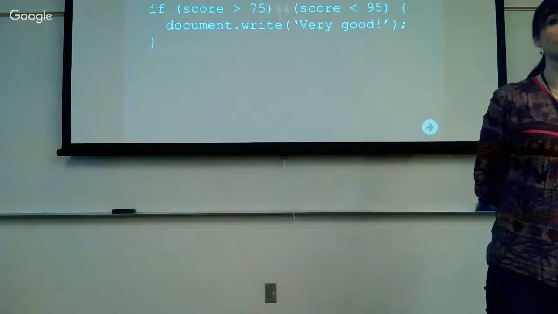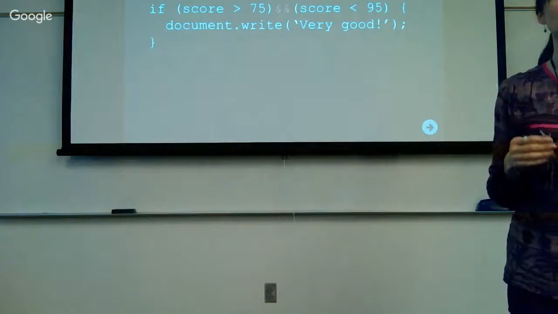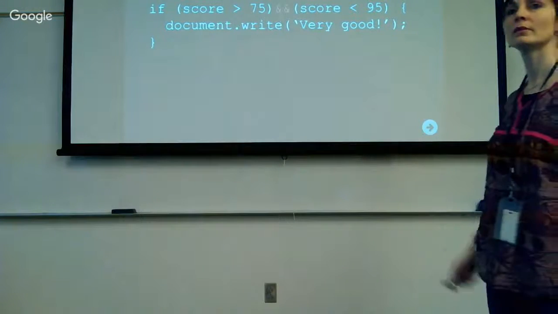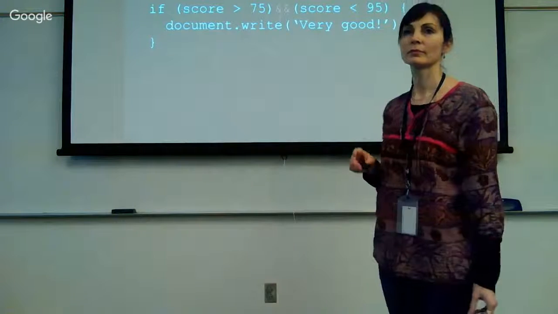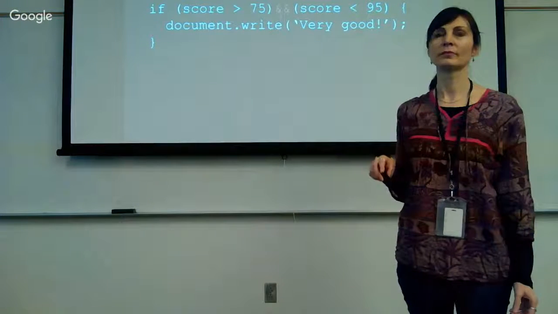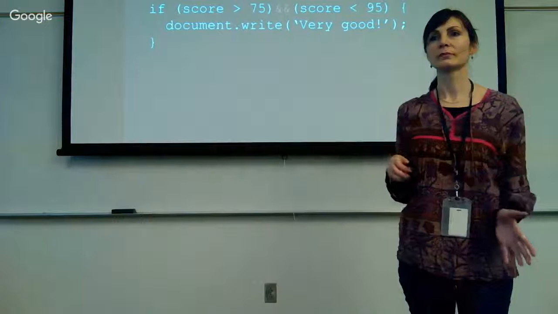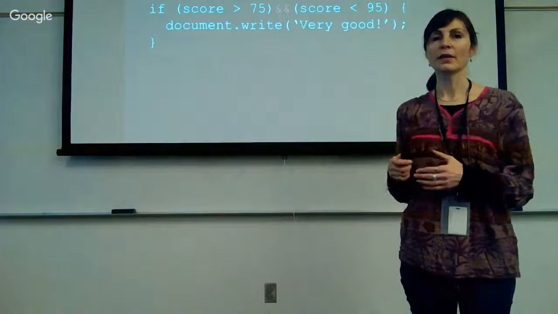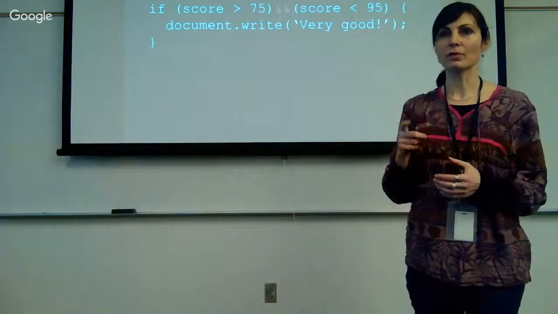Like in the online assignment 3 and 4, you want to make sure that the number is between 1 and 100. Yeah. So I said if the score is less than or equal to 0 or greater than 100. Right. Okay. That's a good example.